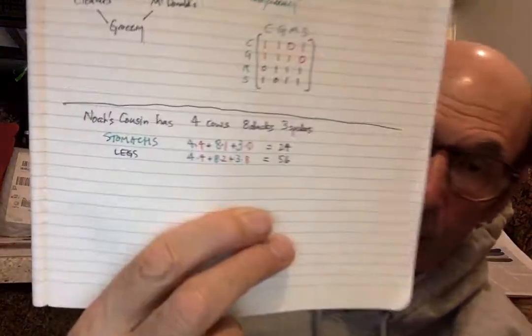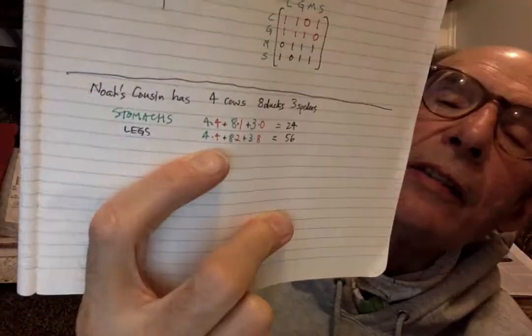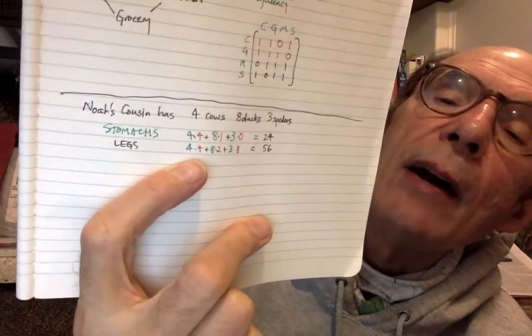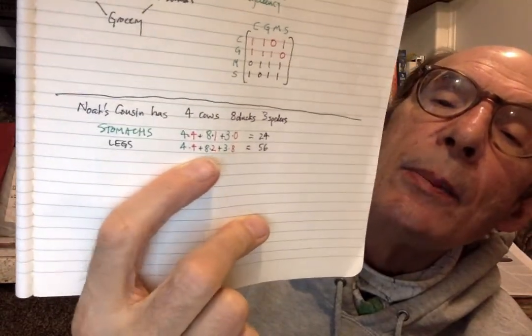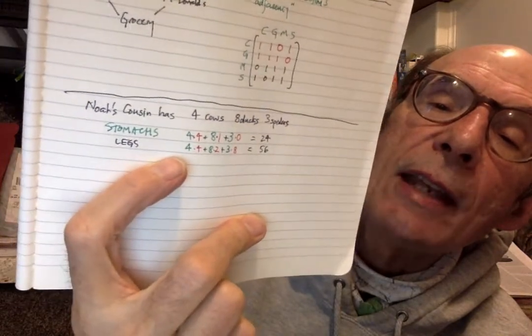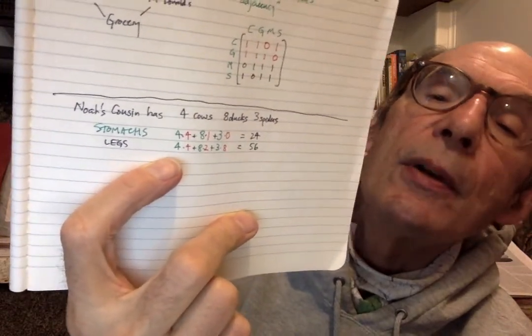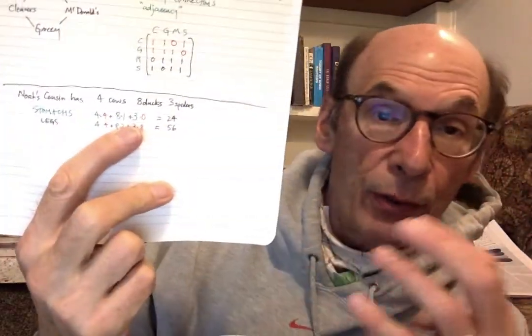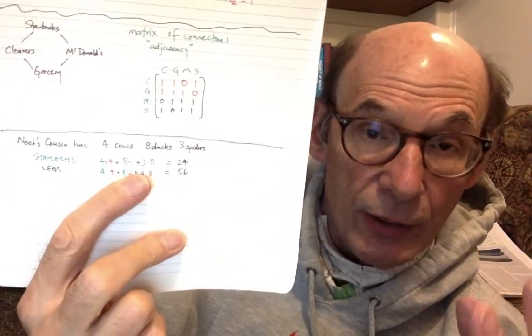Okay. Now the thing is, and you can see from how I've organized this, or color-coded it, is that you have the same data appearing as the first factor in each term, 4, 8, 3, 4, 8, 3. And so there's a repeated calculation here, and there's a way to encode this repeated calculation involving the matrix.